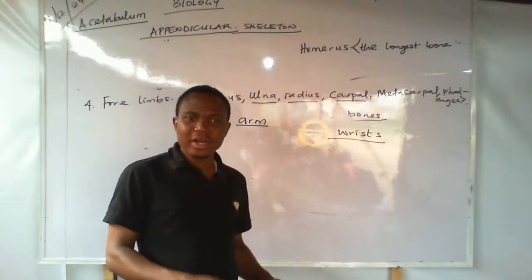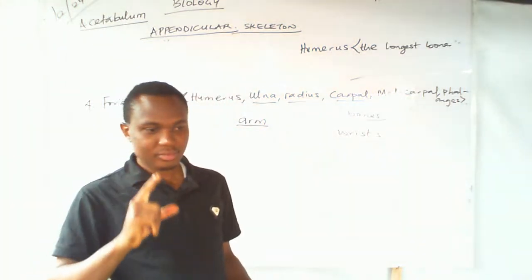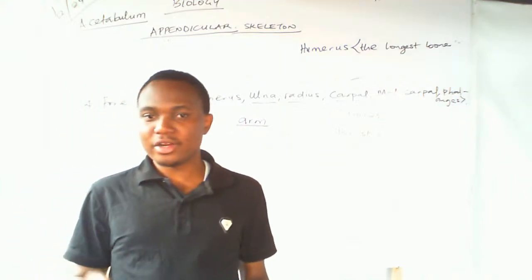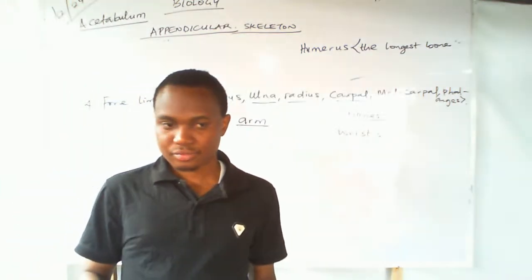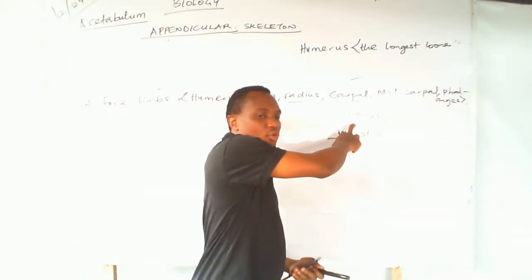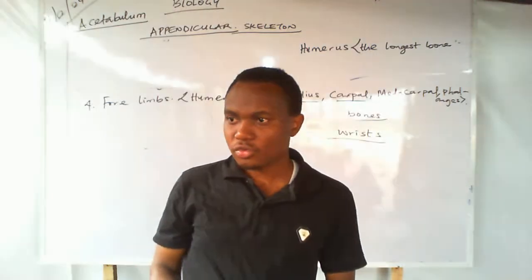At the end of the ulna and radius is the carpal bones called the wrist. This forms the wrist.